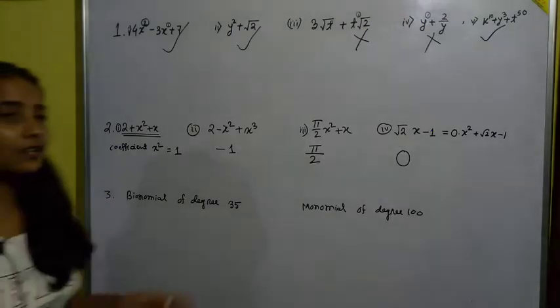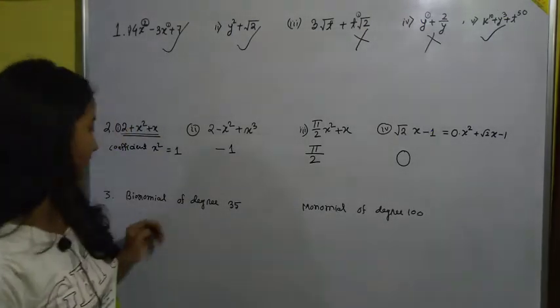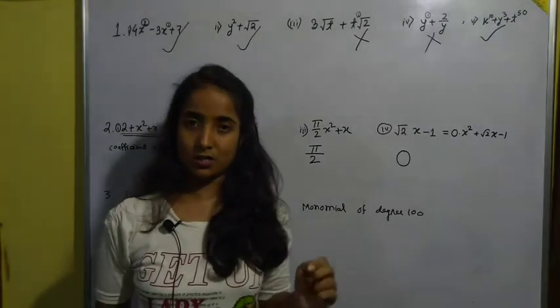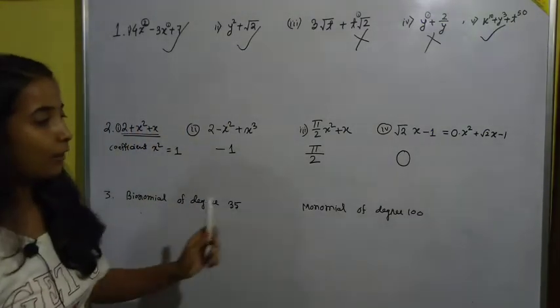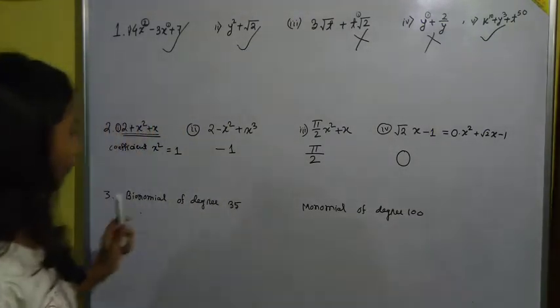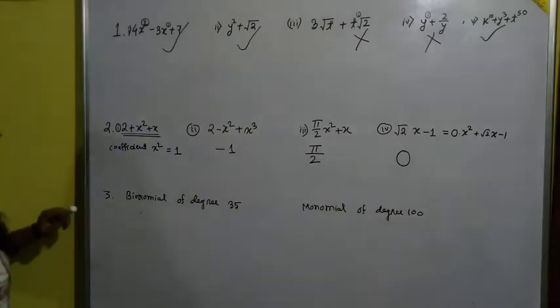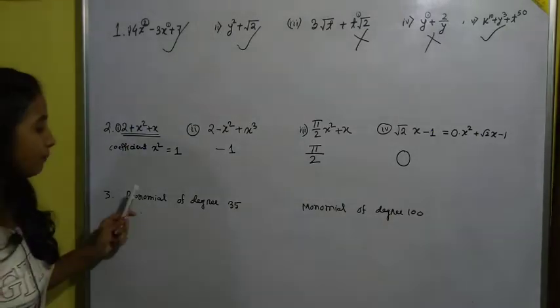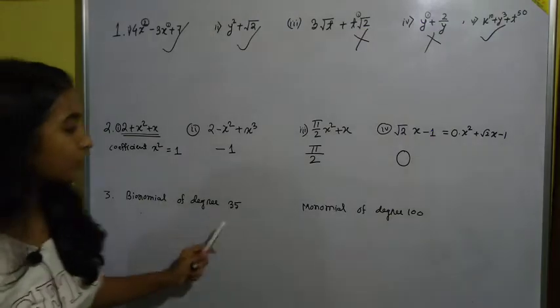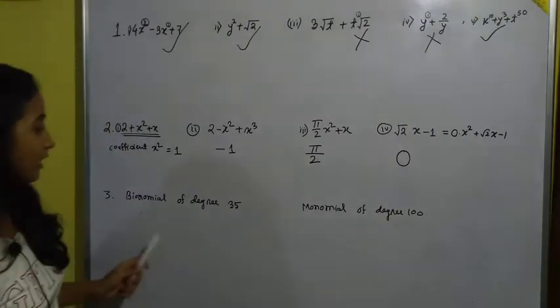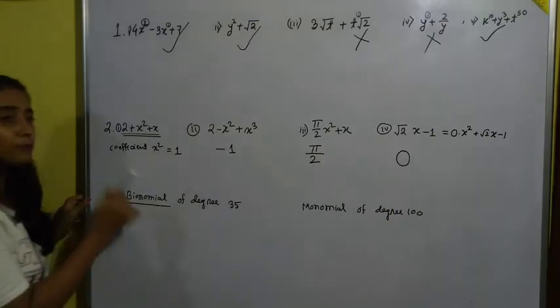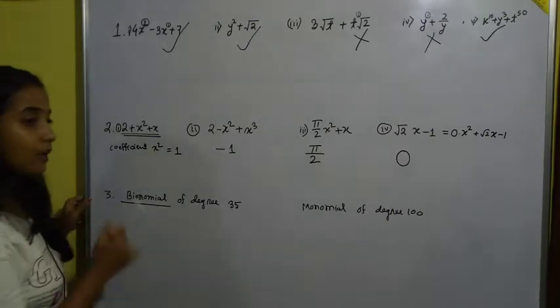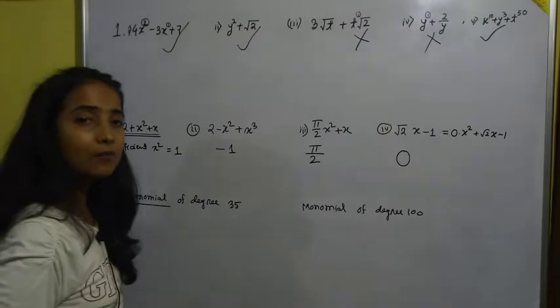Now in the third question, you have to find two polynomials. The conditions are, the first polynomial should be a binomial of degree 35. There are two conditions. First one is the polynomial should be binomial. Now what do you mean by a binomial?